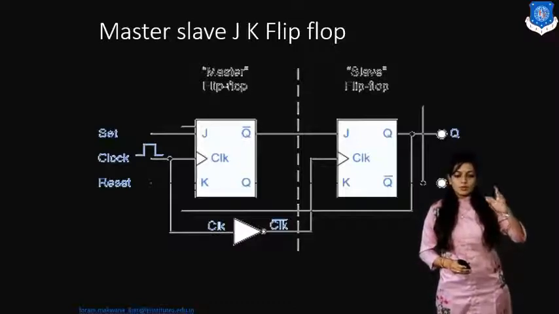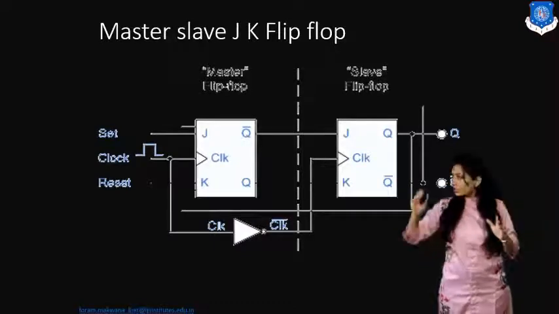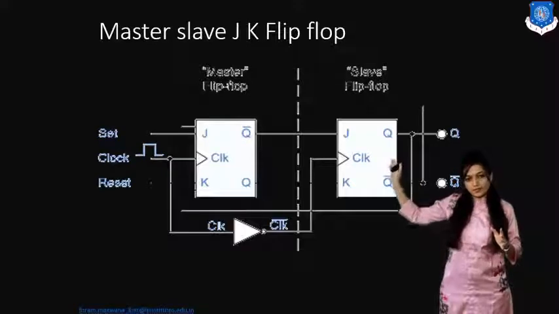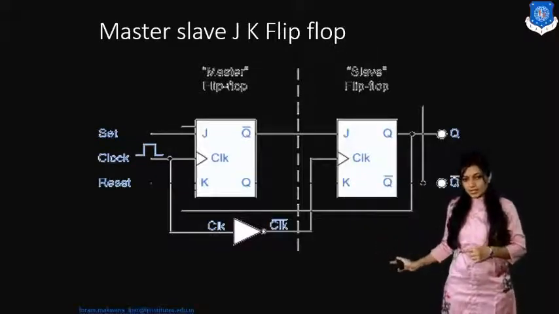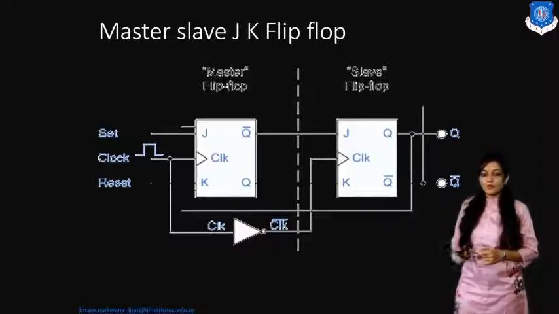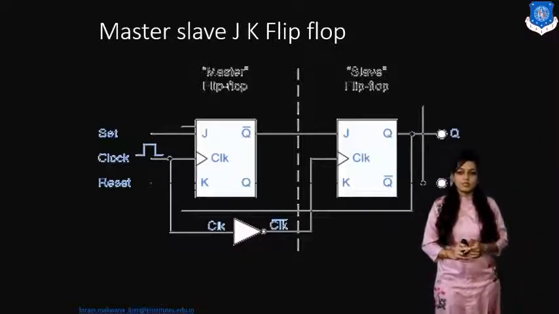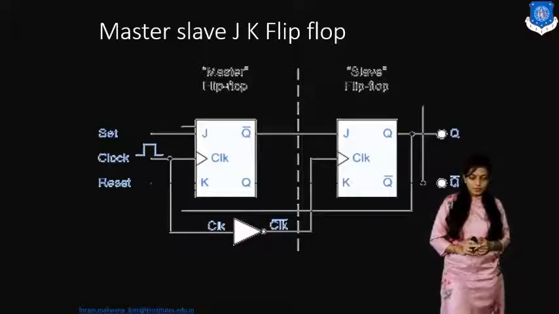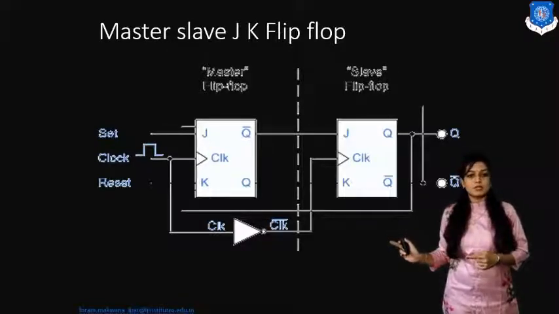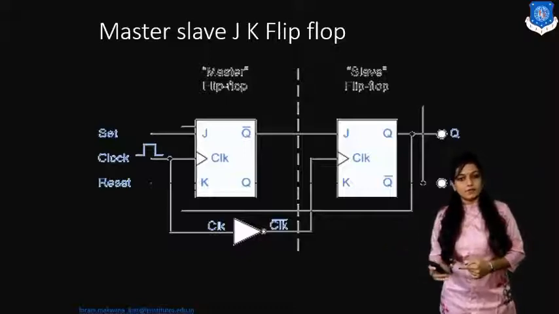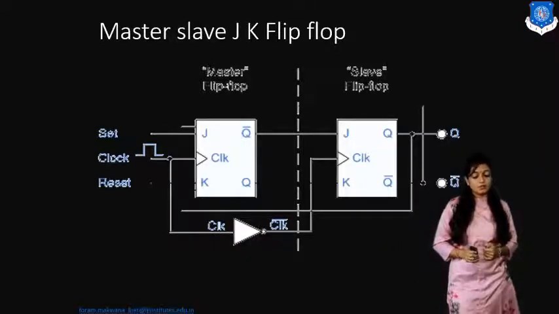So Q bar of the master is connected to the J of the slave and the Q of the master is connected to the K input of the slave flip-flop. Alright, so this is the connection of the master slave JK flip-flop.